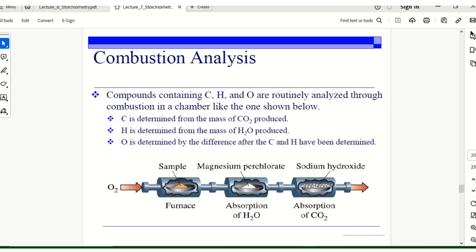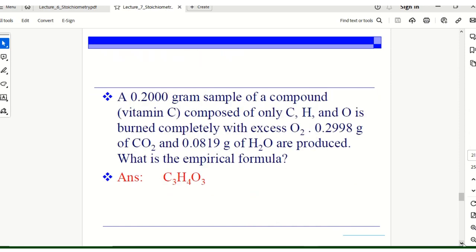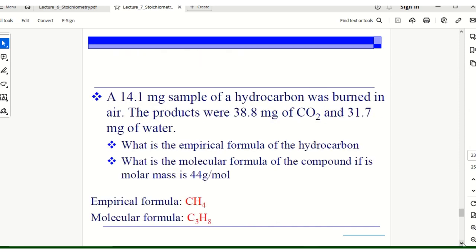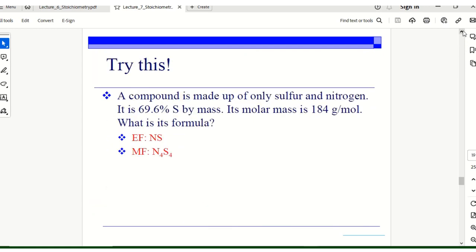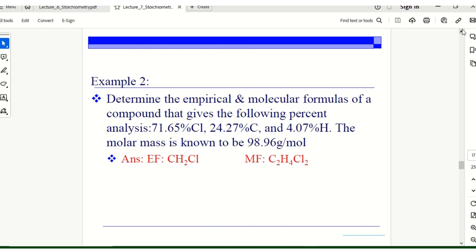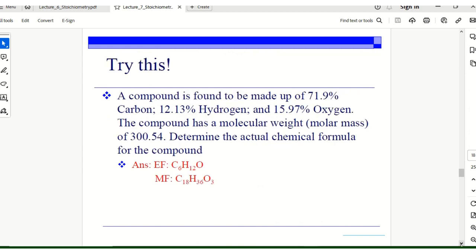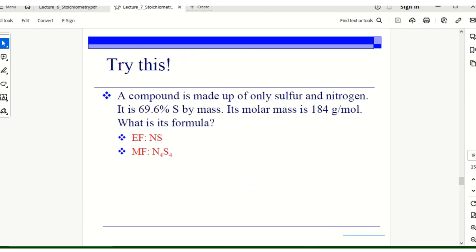We'll start from combustion analysis, which is another story. We have a lot of questions and examples there. Continue from here, but make sure you do these examples. This one we've already calculated, so it's your job to do this one and this one too.